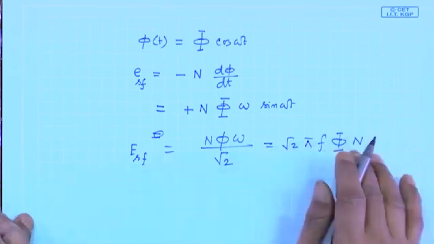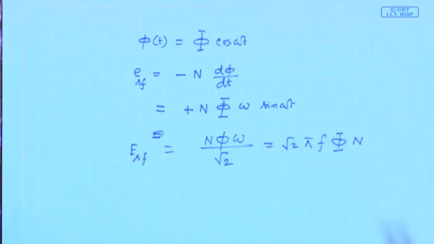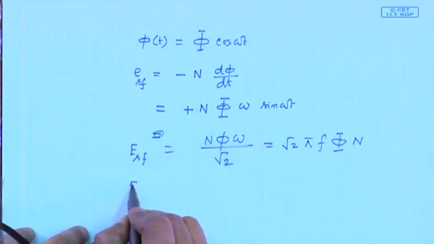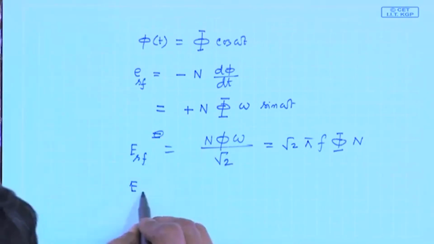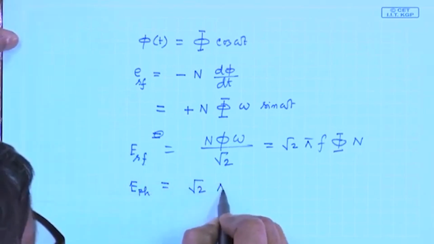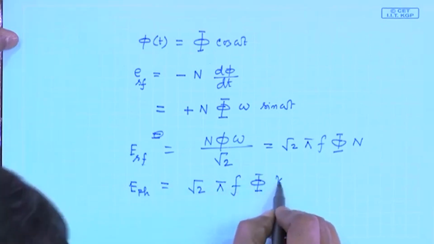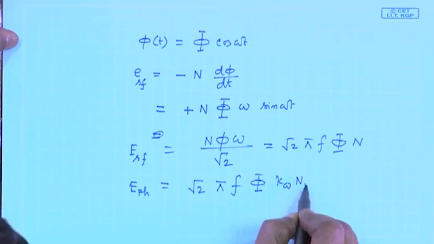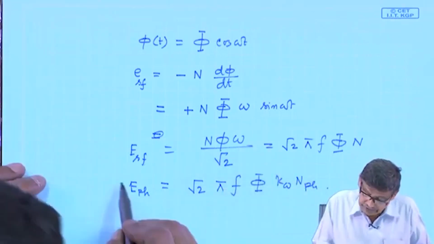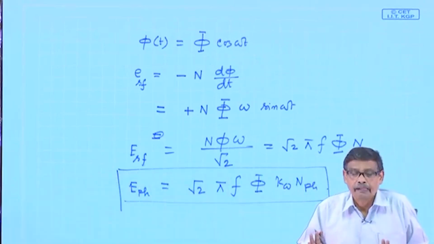Now, if there are several coils connected in series, distributed, then I will say for this machine the per phase voltage E will be root 2 pi f flux per pole kW into N. That I have to do, it is not for a single coil. If you know, you know. So, this is the induced voltage, that is fine.